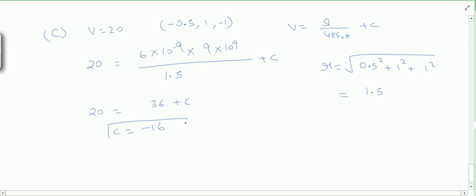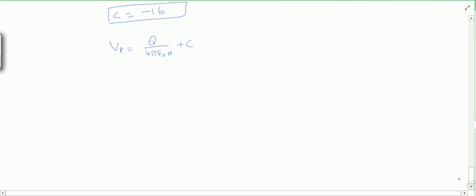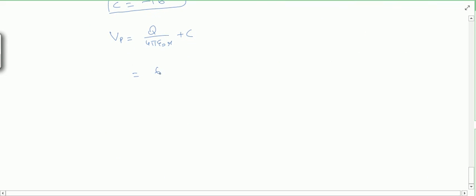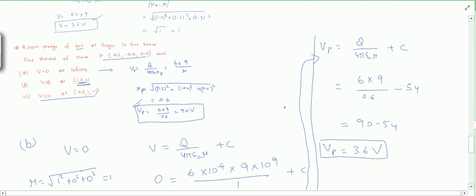Now I have to use C value as minus 16 in the formula for the point P. It will be again Q by 4 pi epsilon naught R plus C. Here the value of Q is the same, 6 into 10 power minus 9, and 1 by 4 pi epsilon naught value is 9 into 10 power 9. R value remains the same for the point P. It is basically RP I have written. Here it was 0.6, we have solved this earlier. You see here.